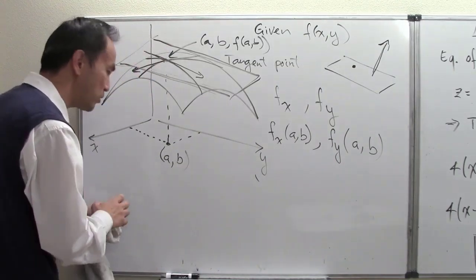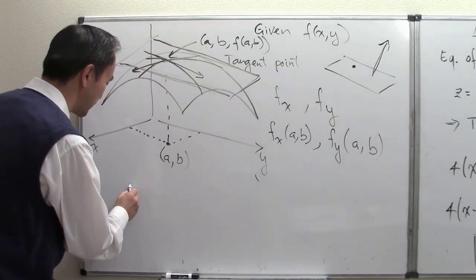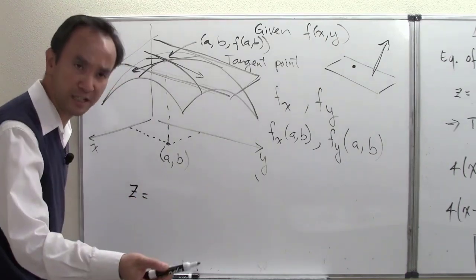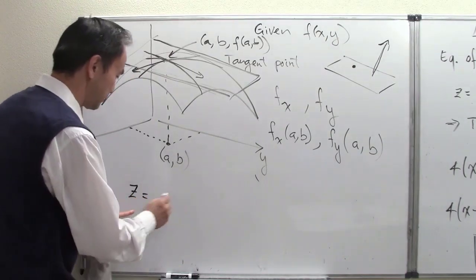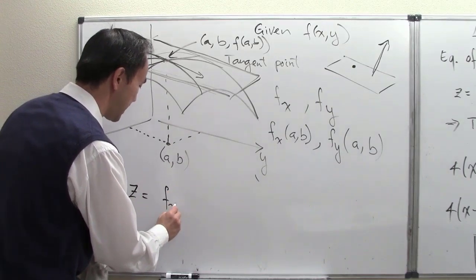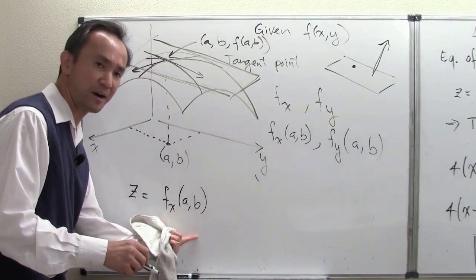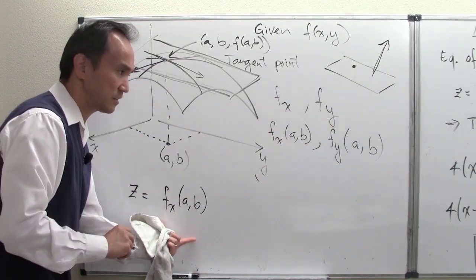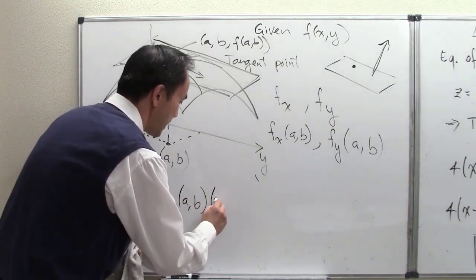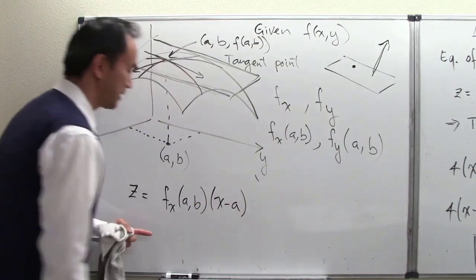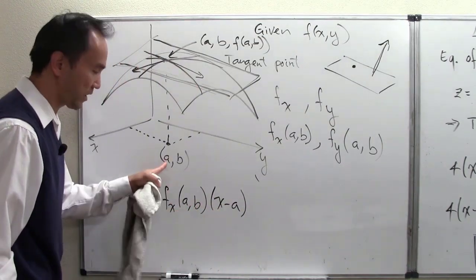Your final tangent plane can simply be concluded as follows, if you are willing to remember this. It's going to be f sub x at a comma b, a value equivalent to the minus 4 from my equation on the other side of the board, times x minus a.